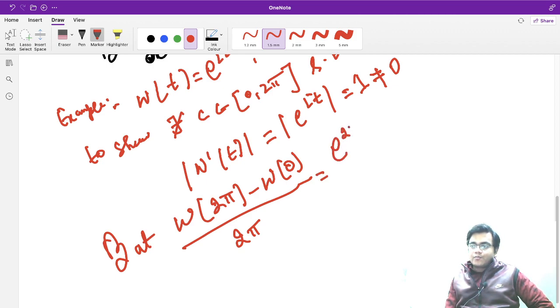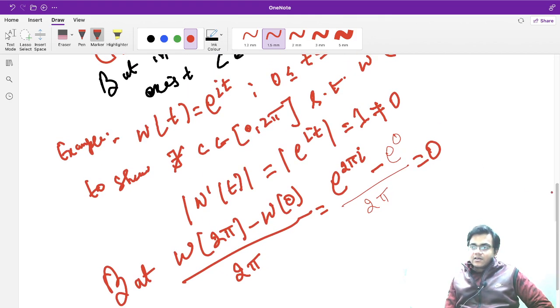E to the power 2 pi iota minus e to the power 0, upon 2 pi. So 1 minus 1 will become 0. So finally you are going to get 0. So in the RHS, (W(B) minus W(A)) upon (B minus A) is 0.